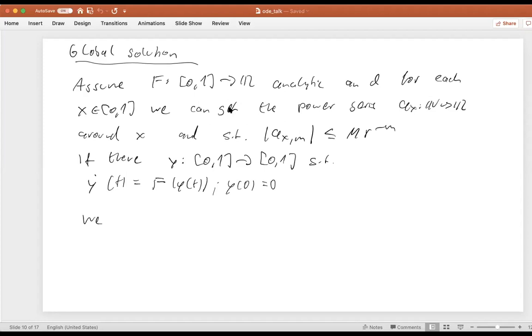So we can compute it by stepwise running the local algorithm. Sorry, that was a little bit fast.